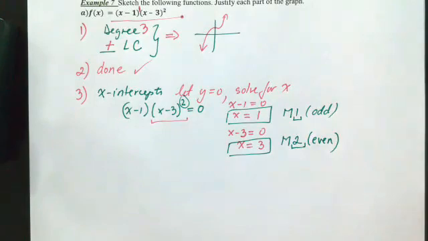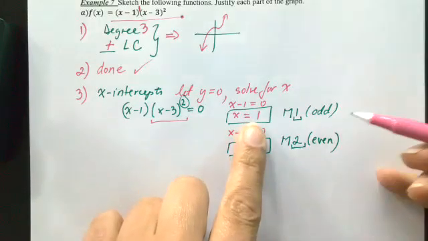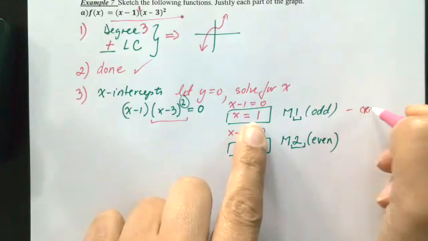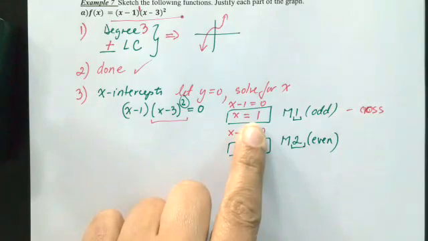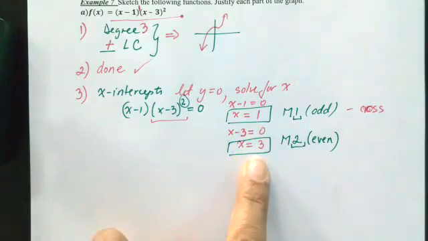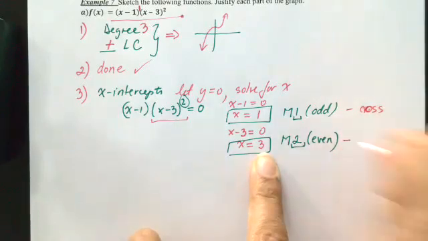Now, here's what we're going to do when we sketch these x-intercepts in our graph. At an x-intercept that has odd multiplicity, we will cross over the x-axis, just like a line crossing. When you have an even multiplicity, you will be bouncing, which is touching and coming back down where you came from, or back up where you came from.